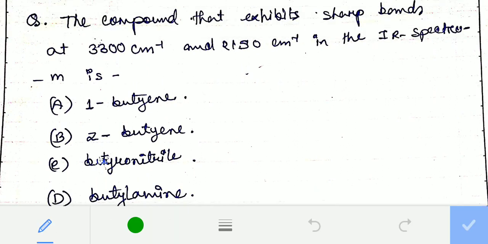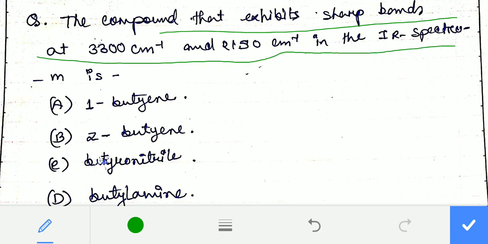Here we have the first question. The compound that exhibits sharp bands at 3300 per centimeter and 2150 per centimeter in the IR spectrum.